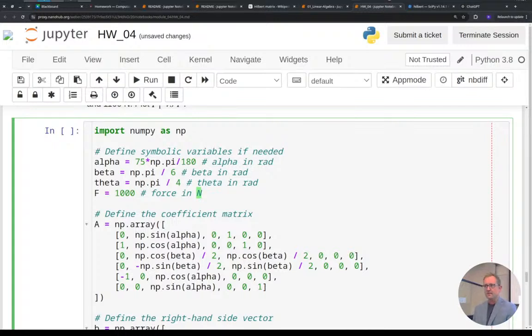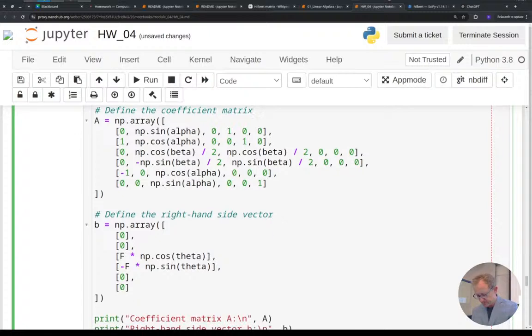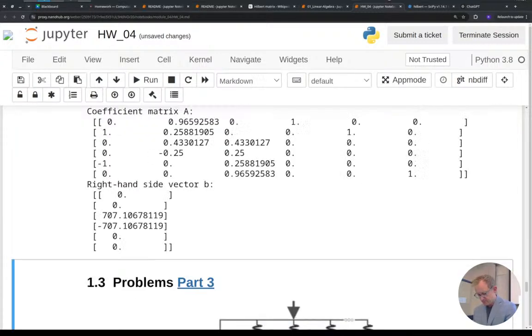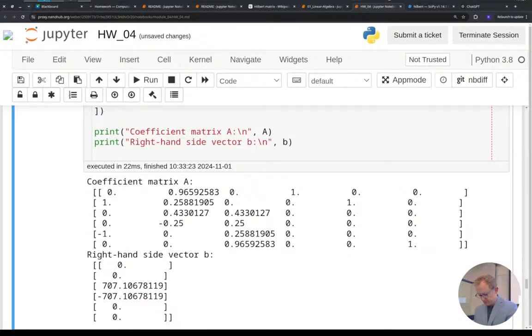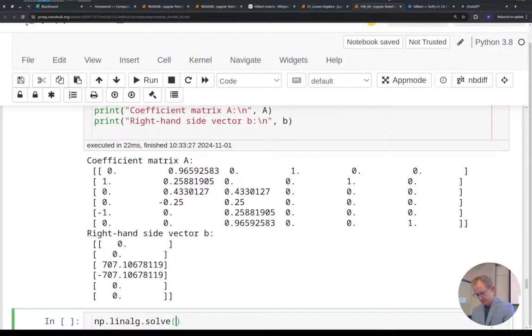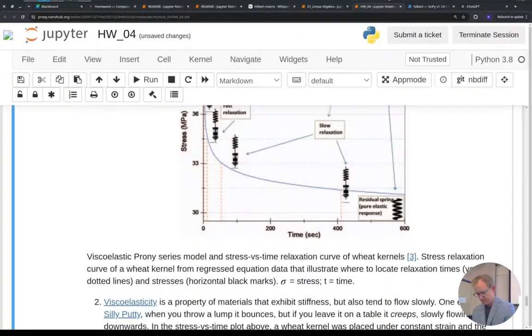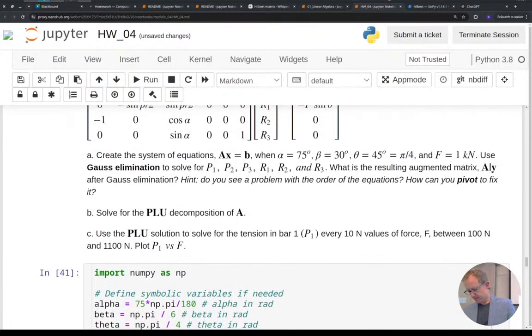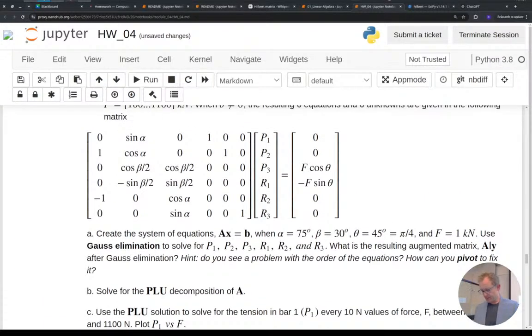I usually make mistakes as I'm trying to transpose my work. And it gives us values for all the outputs: P1, 2, 3, R1, 2, 3.